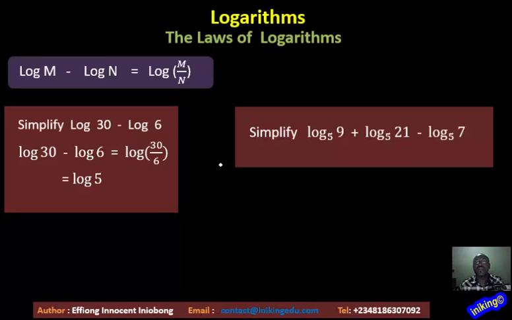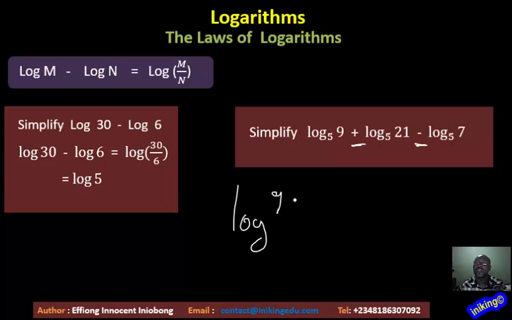Now, another example here. Simplify the logarithm of 9 to base 5 plus log of 21 to base 5 minus the logarithm of 7 to base 5. Now, in this question, we are going to combine the first law and the second law. The first law will take care of this plus, and the second one handles the minus. Remember, the rule says when we have a plus, we should multiply.